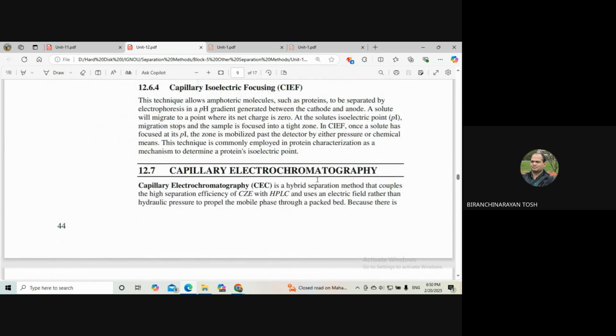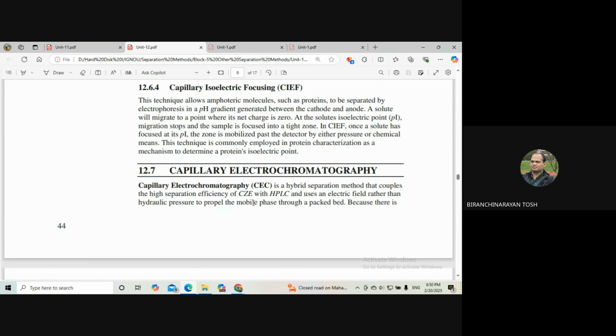Then capillary electrochromatography. It is a hybrid separation method that couples the high separation efficiency of CZE, that means capillary zone electrophoresis, and HPLC.